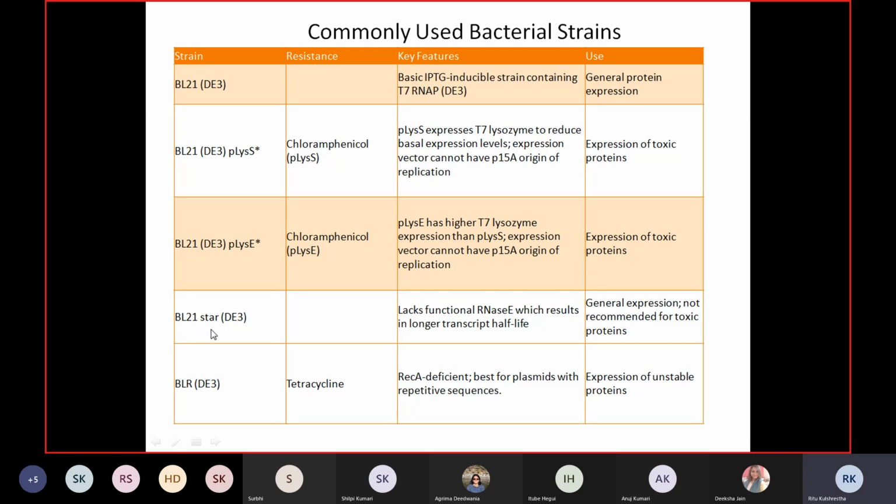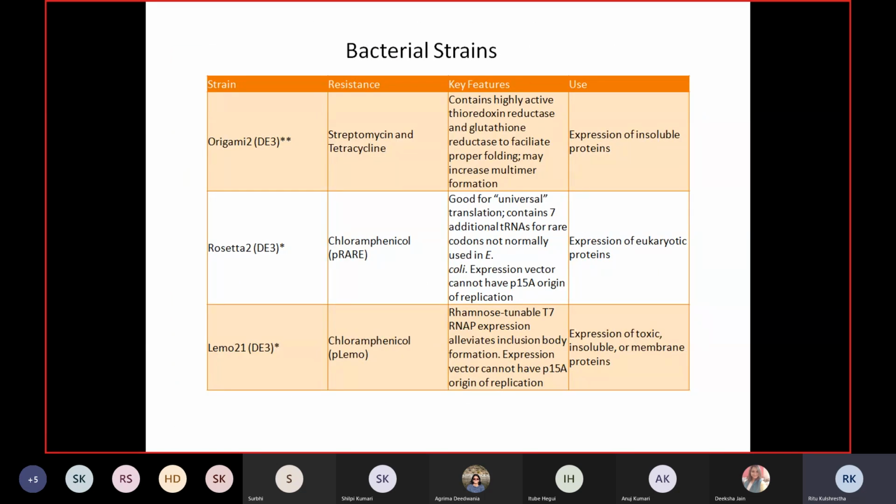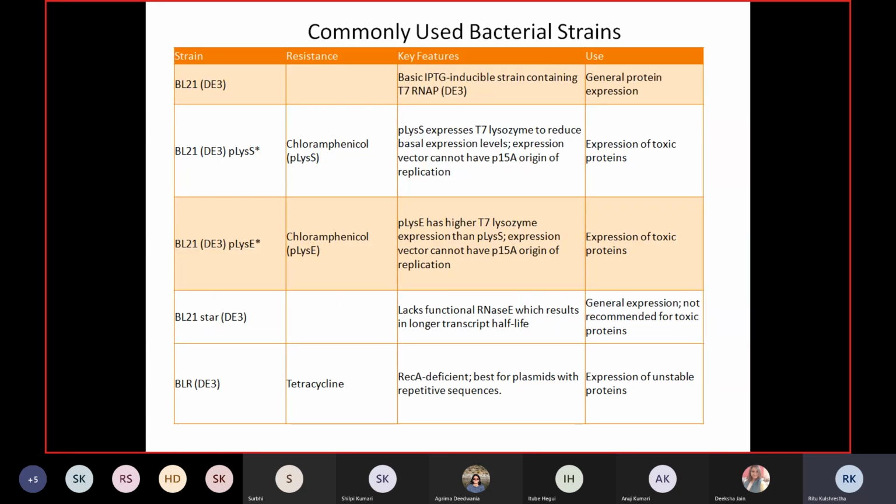I'm saying that this is just a limited set of bacterial strains that I'm showing you here, but there are hundreds of bacterial strains with different forms of mutations for the same genes, with the ultimate aim of overexpressing recombinant proteins at very high levels.